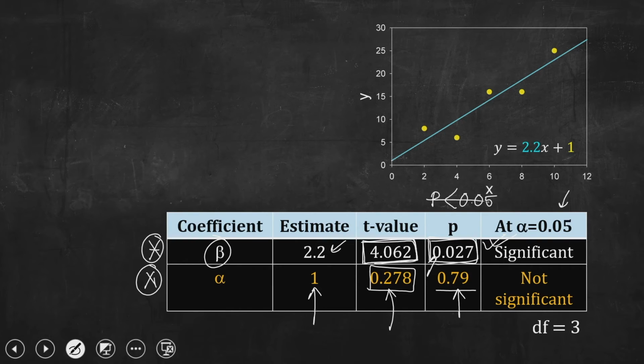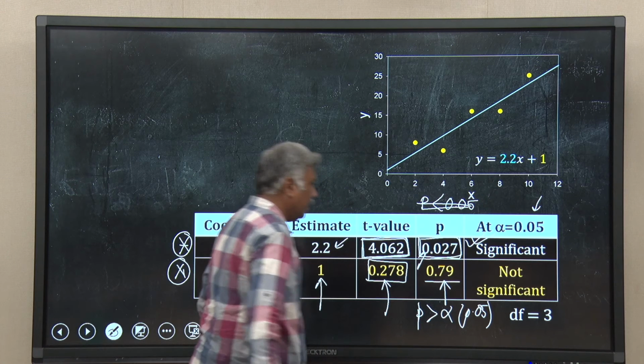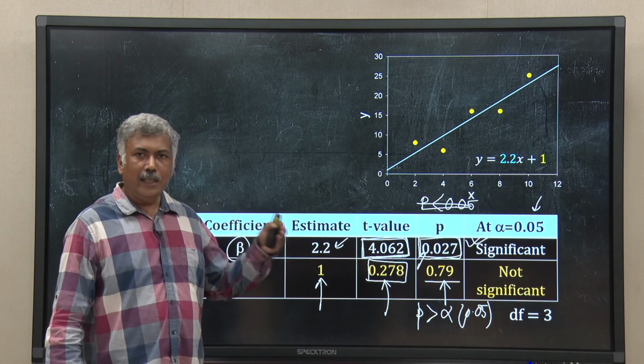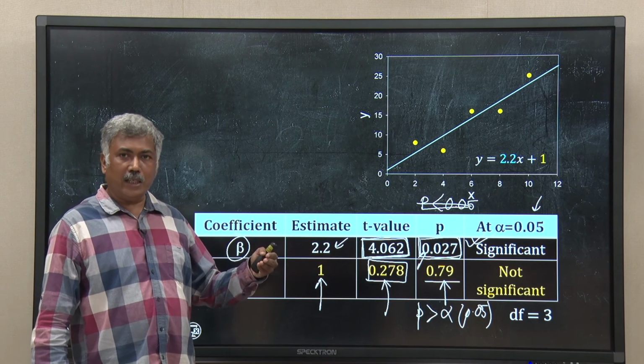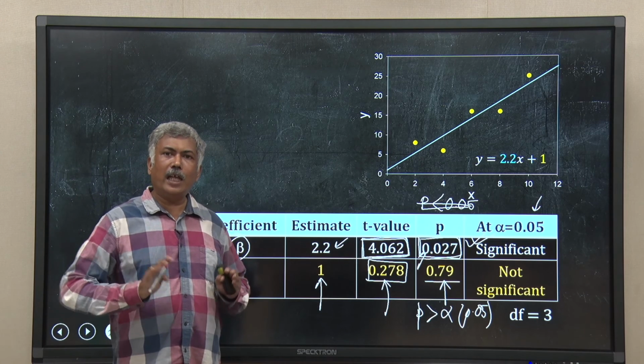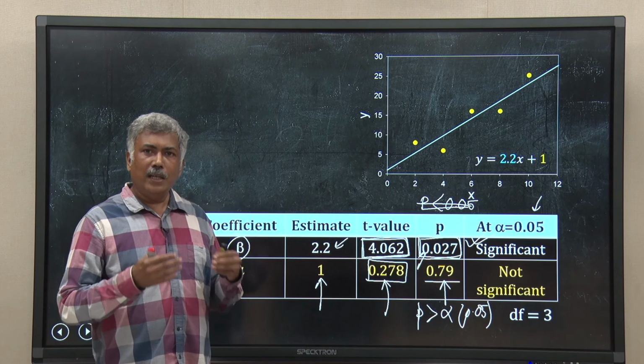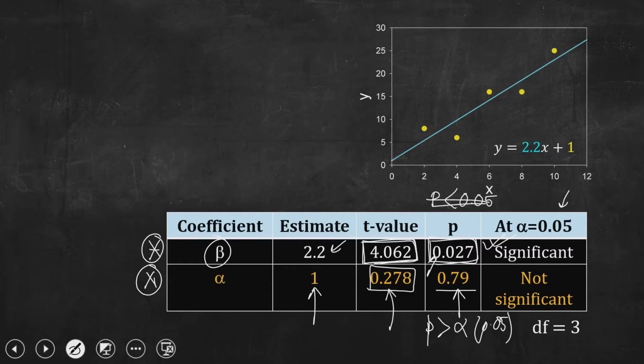Now, in this case p is bigger than alpha, alpha is 0.05. So, as p, the probability of getting that t or bigger, is bigger than that cutoff, that means I cannot reject the null hypothesis. What is the null hypothesis in this case? Alpha equal to 0. This is my null hypothesis. So, I have to accept this one.